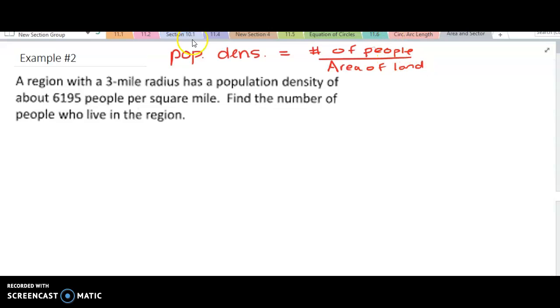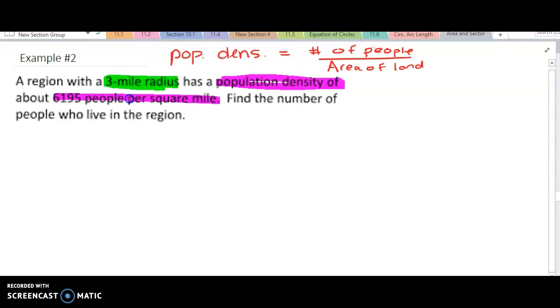All right, so it tells me a region with a 3-mile radius, so we're going to use that radius to help find the area, has a population density of 6,195 people per square mile. Okay, so it gives us the population density, right? And we're going to use the 3-mile radius to find the area of land. So we need to find the number of people.